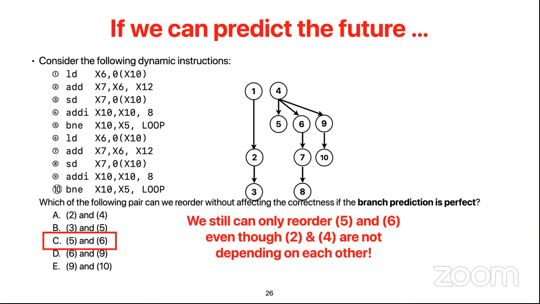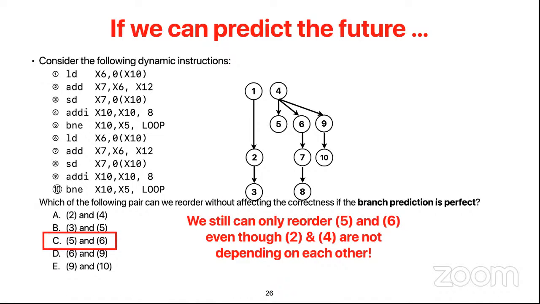Given the current pipeline and the data flow graph, you will figure out that although instructions 1, 2, 3 are completely independent from 4 to 10, and in theory we should be able to mingle the execution of the sequence from 1, 2, 3 with any instruction from 4 to 10 to minimize the stalls, it turns out that even though 2 and 4 do not depend on each other at all, we are still having issues reordering them.